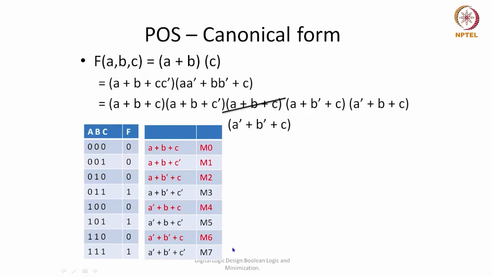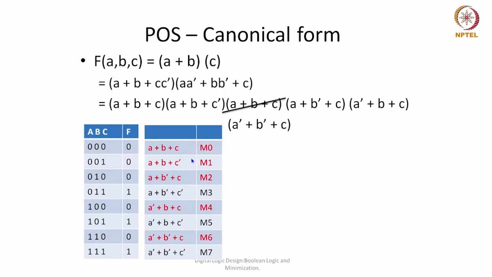So we have created a sum term corresponding to each row. This sum term corresponding to each row is called max term, because in that case only 0 is present in that row, and in the rest of the rows, 1 is there as the output. So it's also called max term.